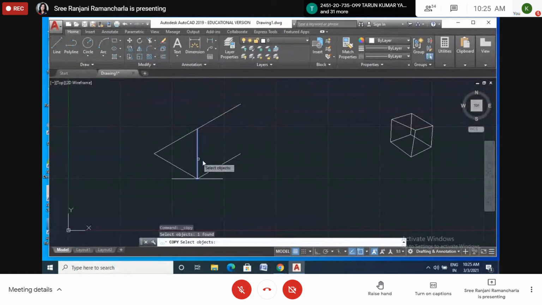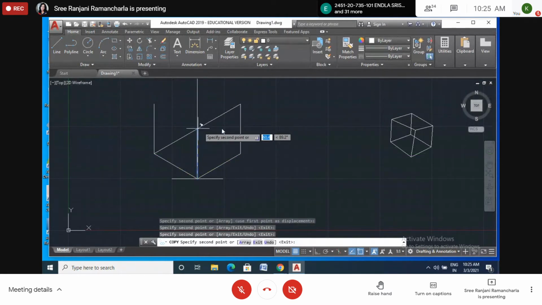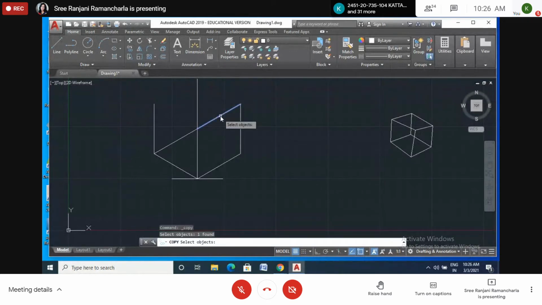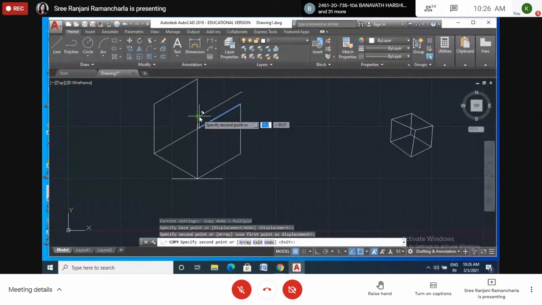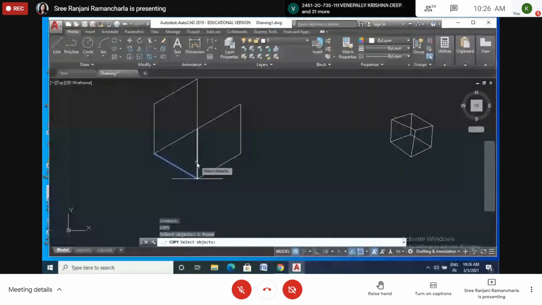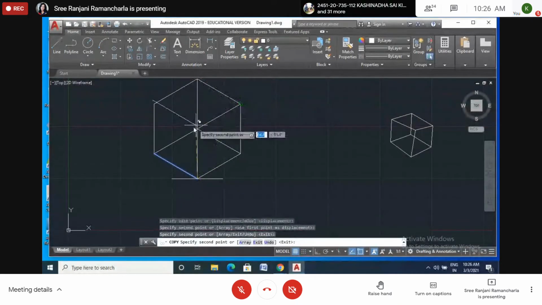This also I have to copy. So the figure will be looking like this.